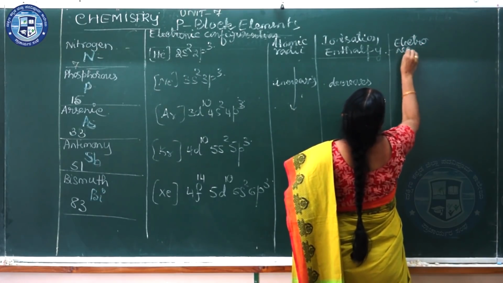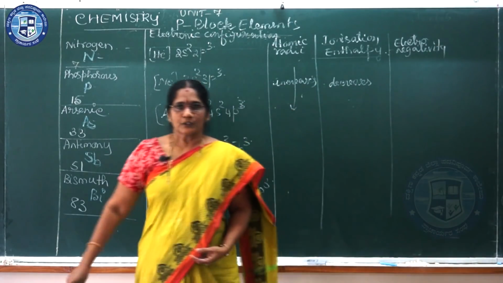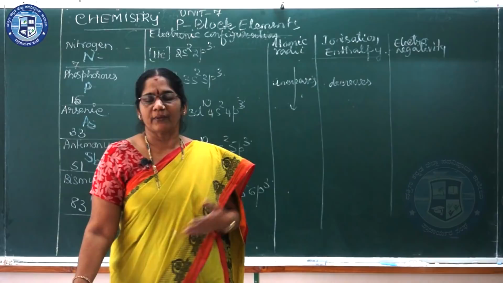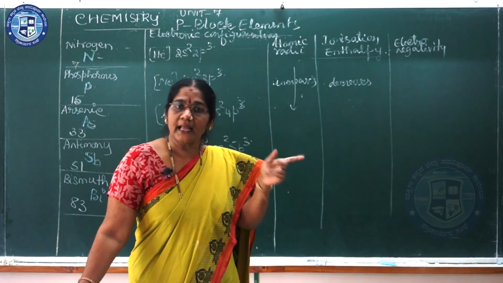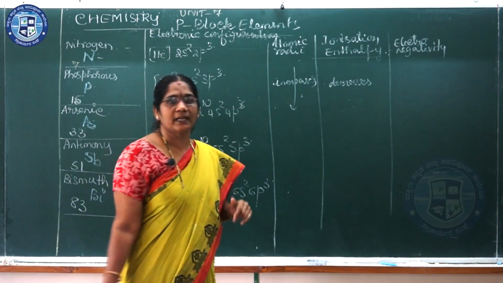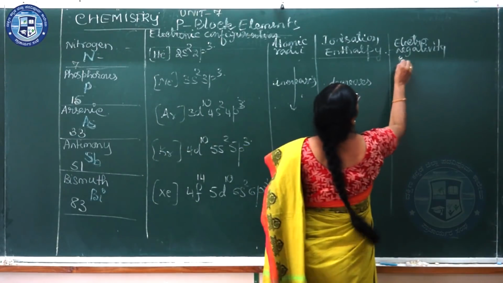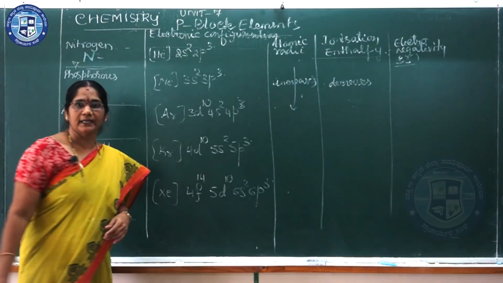Next atomic property is electronegativity. So nitrogen is the highest electronegative element in this group, after fluorine, then oxygen. So first is fluorine, then oxygen, then nitrogen, and the value of nitrogen on the Pauling scale is 3.5.